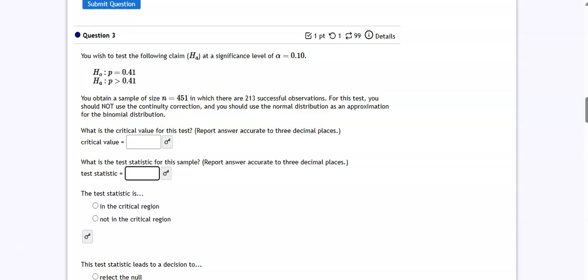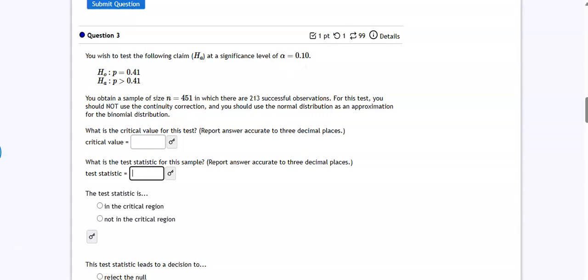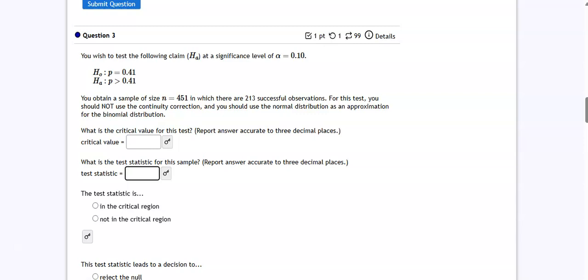That ends up giving me 2.69. The next 2 digits are 0, 0, so I can leave that test statistic at 2.69. I don't know what it told us to round to. 3 decimal places, so 2.690 is what we'll put there.